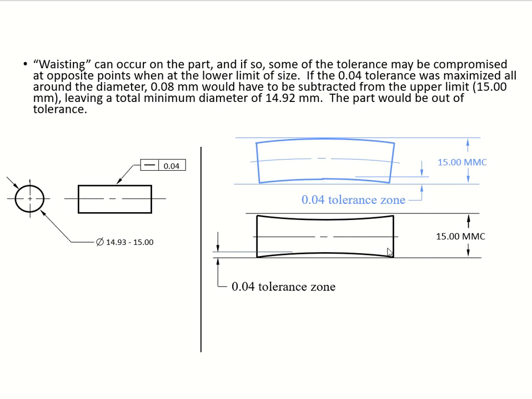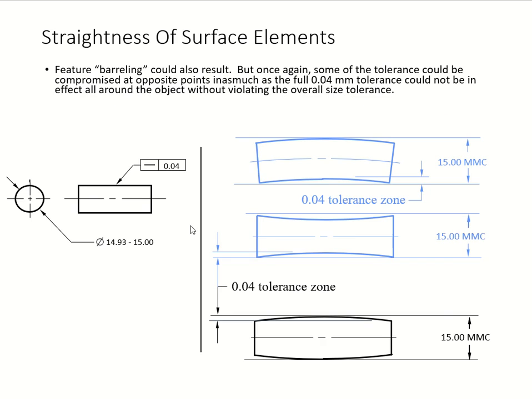So now we have another shape, here still MMC 15.0, and here is your part. Look at this little straightness surface, and we have a 0.04, and that was the previous example right there. Another one, different shape, variation in your shape right there, and you're going to have a 0.04 tolerance above here.